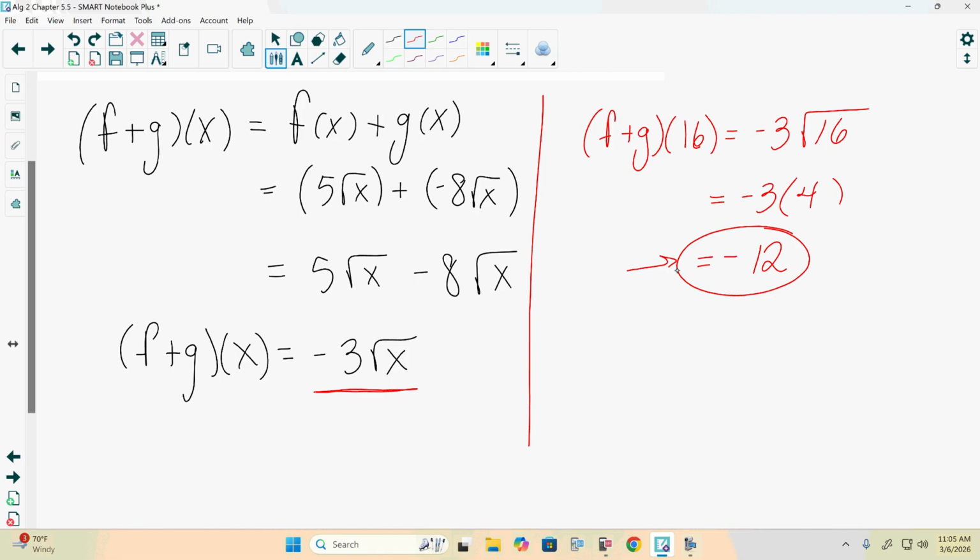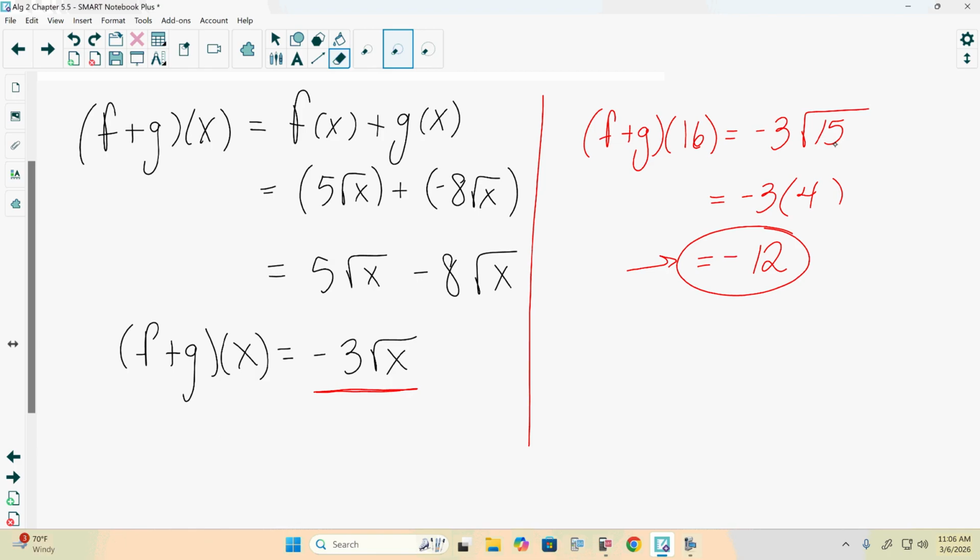Now, if the radical doesn't reduce nicely, say if we were asked to evaluate when x is 15, the square root of 15 doesn't reduce. It's a non-repeating, non-terminating decimal. There is not a nice number that multiplies by itself like 4.